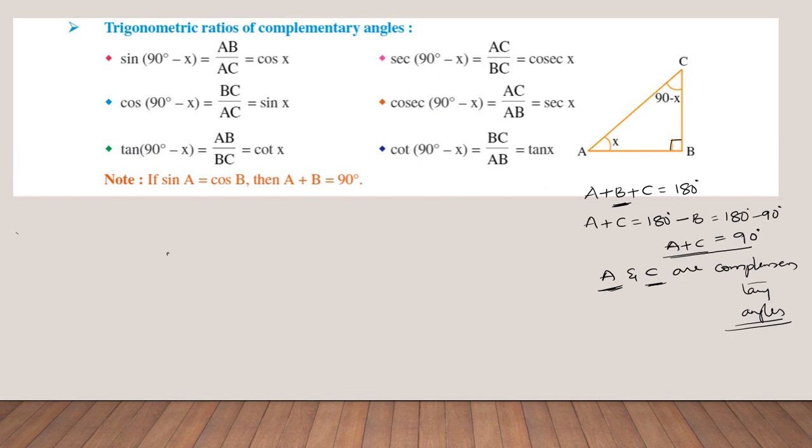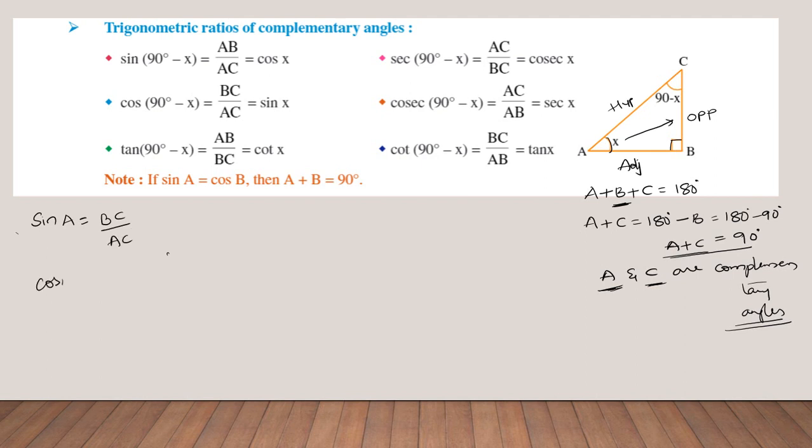Now let us see with respect to angle A. What is sin A? With respect to this angle, sin means opposite side by hypotenuse, right? So this is opposite and this is adjacent and this is hypotenuse. Now sin A I can write as BC by AC.